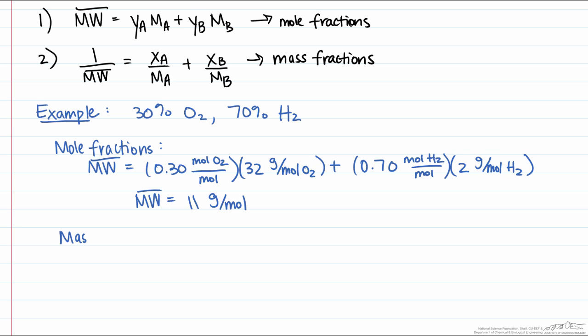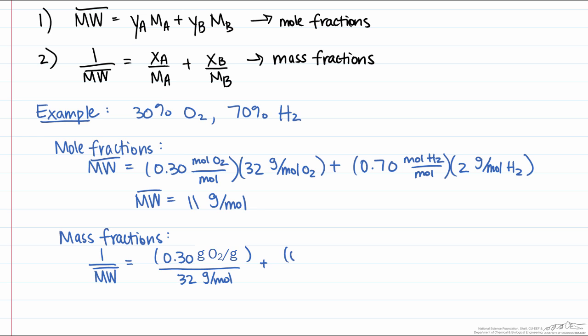So now let's look at if we do it in mass fractions. So 1 over the average molecular weight is going to equal 0.30 divided by 32 grams per mole plus 0.70 divided by 2 grams per mole.